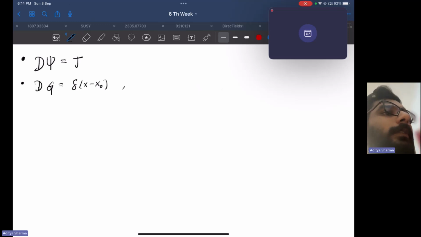From here you solve for the Green's function. The main reason why we want to solve the Green's function is that this differential operator acts on functions of x, and the Green's function is a function of x minus x naught.